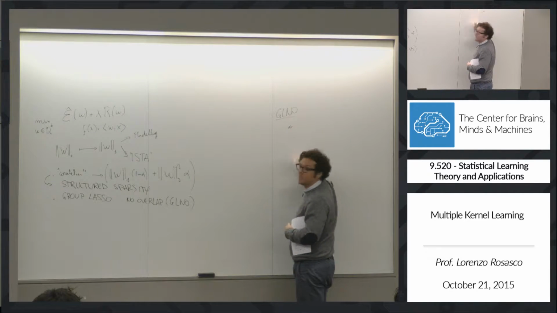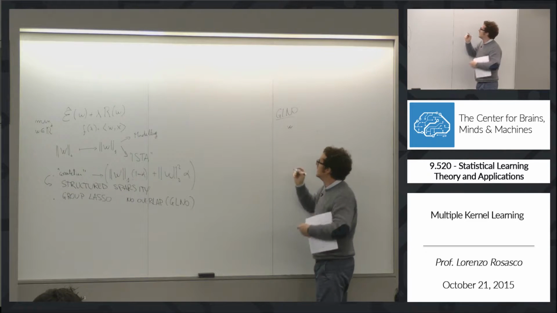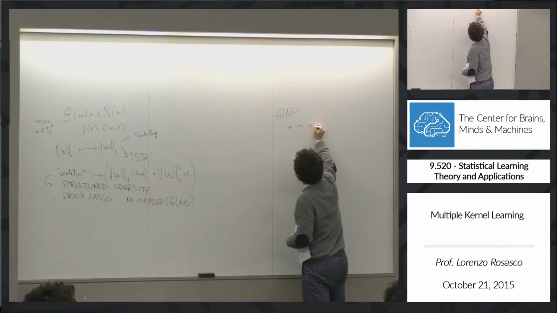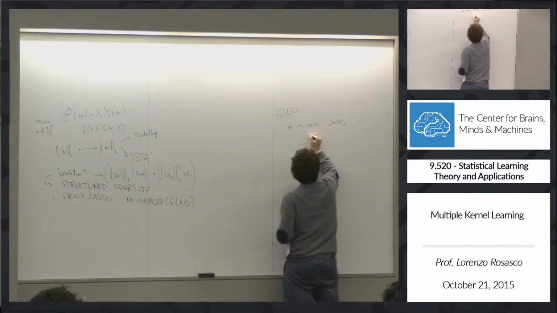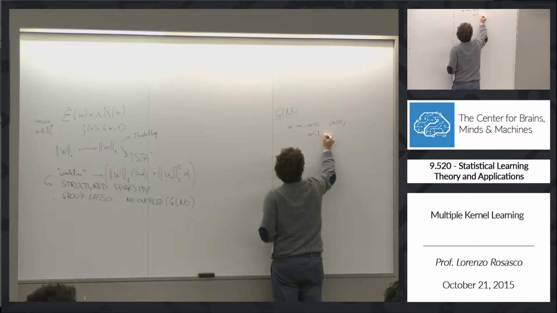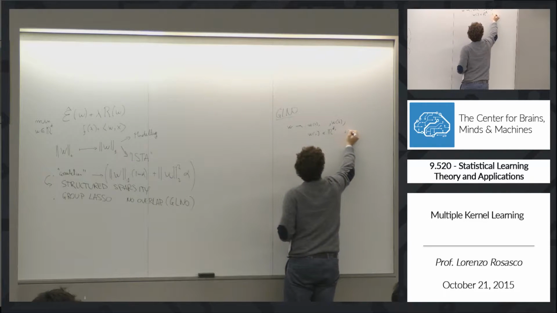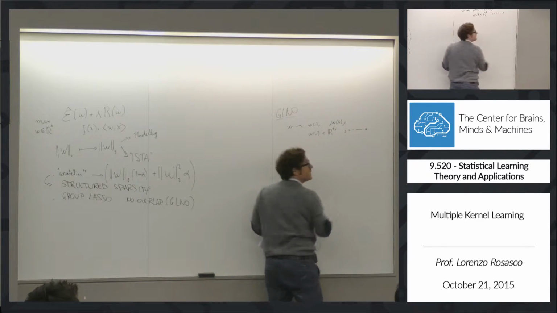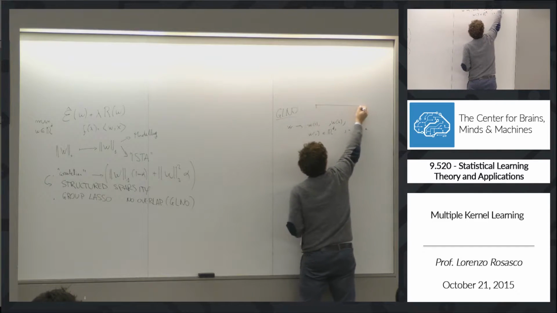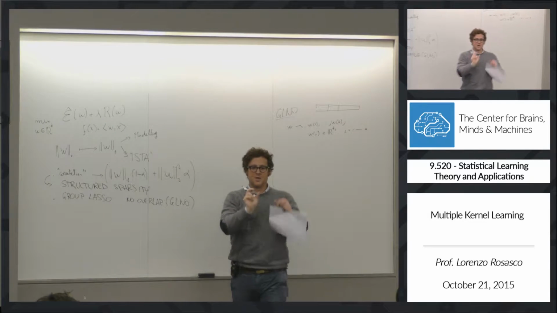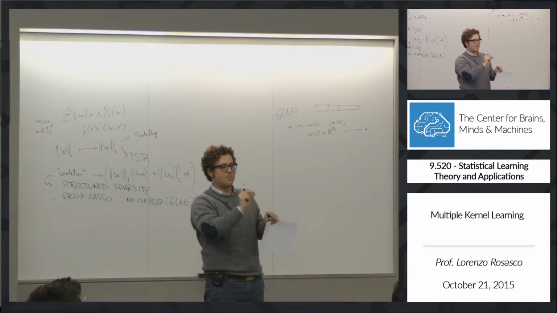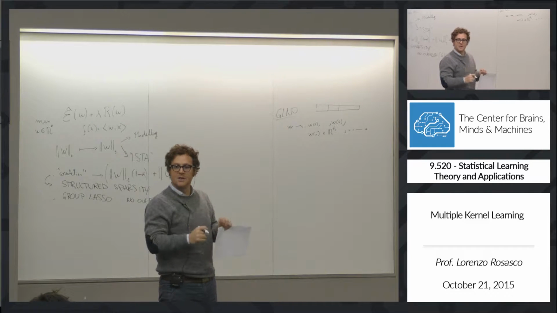So you have a vector W, which is in R^D, okay? And now you're going to disintegrate it into G components, where each of these components, Wj, belongs to R^dj, j from 1 to G. So you're basically saying that you have a vector, and now you split it in, say, 3 parts, if G is equal to 3, that are not overlapping, and I call W1, W2, W3 these pieces.